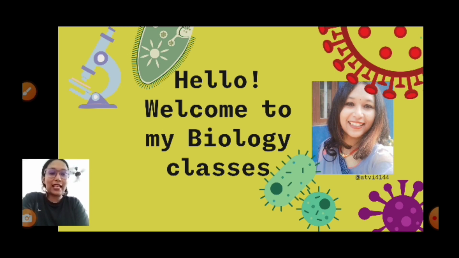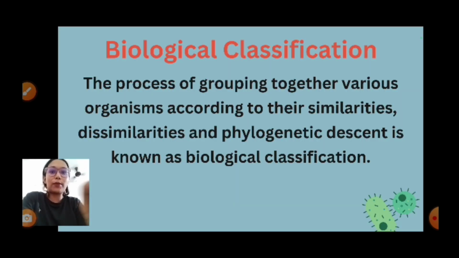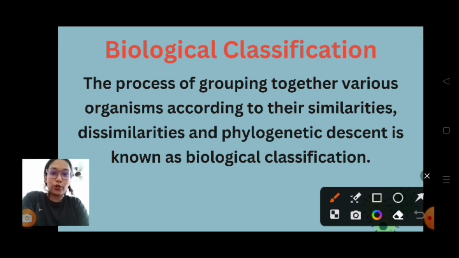Okay, so let's start. What do you mean by biological classification? Here, we classify organisms based on similarities and dissimilarities and their phylogenetic descent, the evolutionary trend that they are following.